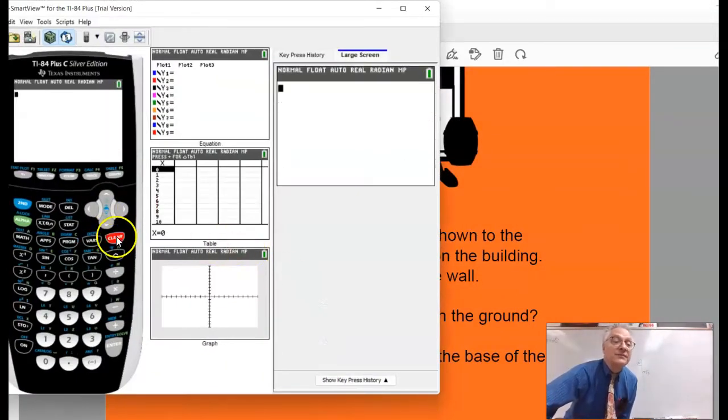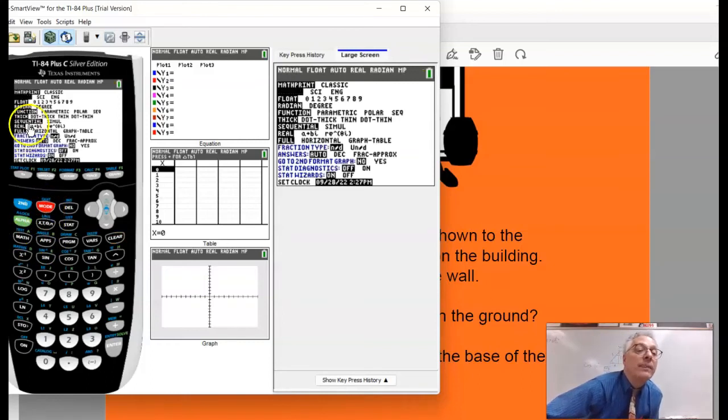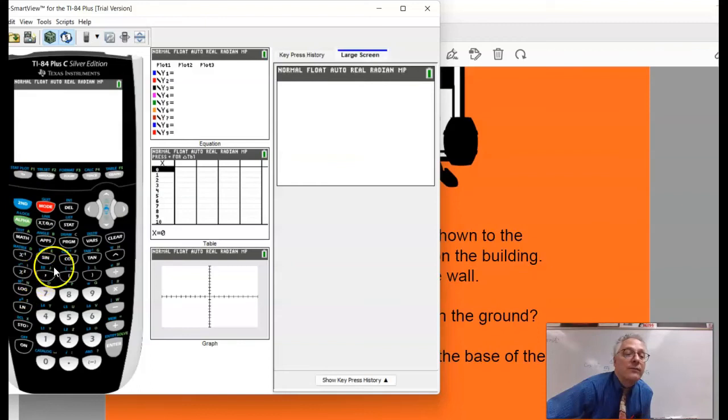And let's clear this. Hopefully I'm in degrees, not radians, so let me check mode. And unfortunately, I am in radians. So you have to go down, if you have this kind of calculator, to degrees. And now you're set. So I'm going to go cosine of 30. Oops. Cosine of 30. And that's not it. Oh, I'm still in radians.